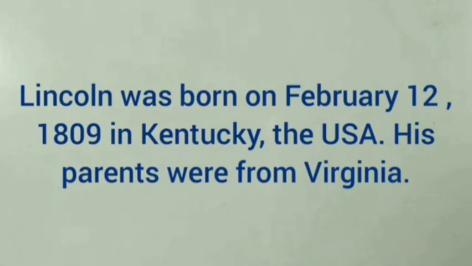Yes, February 12, 1809. Here also you will get parentage: his parents were from Virginia. If you are asked where his parents were from, then you can answer Virginia. This is how you have to collect information by reading these passages.